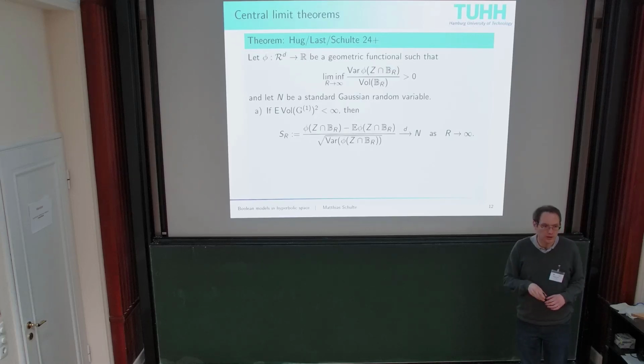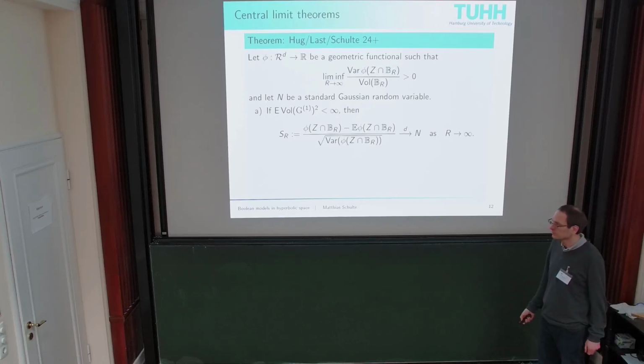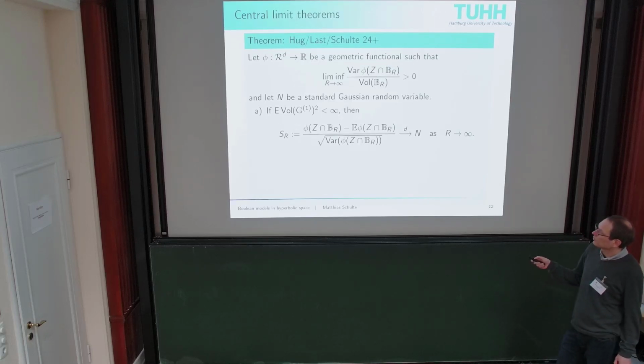So what we were also able to derive are central limit theorems. Here we study a geometric functional, and we assume that the variance of phi of the intersection of the Boolean model with the observation window is bounded from below. What we need to assume is that the second moment of the volume of the one-parallel set of the typical particle is finite. Then we can take phi of the intersection of the Boolean model with the observation window and standardize it.